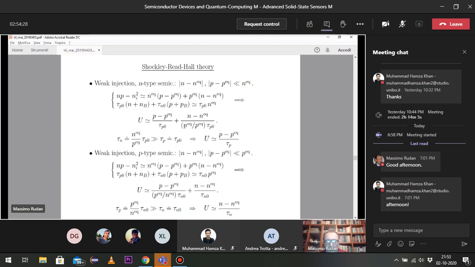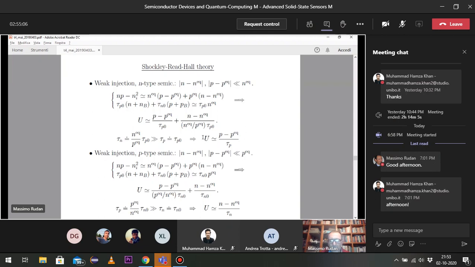So here you have N equilibrium divided by P equilibrium, 10 to the 16th divided by 10 to the 4th. So we have 10 to the 12th, okay? So the second fraction has a denominator that is the same tau P0 as the first one, multiplied by 10 to the 12th. That is enormous, okay? So you can safely neglect the second fraction, okay? And then you also simplify the symbol. You call tau P0, you drop the 0, you call it tau P, okay?